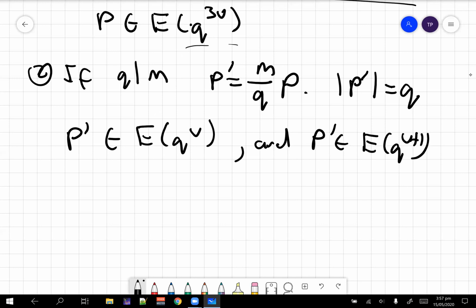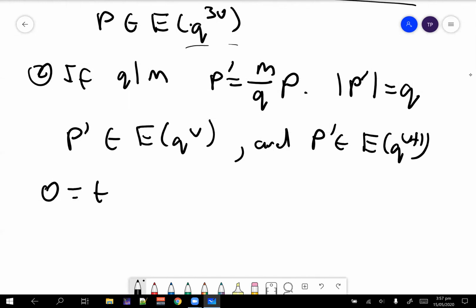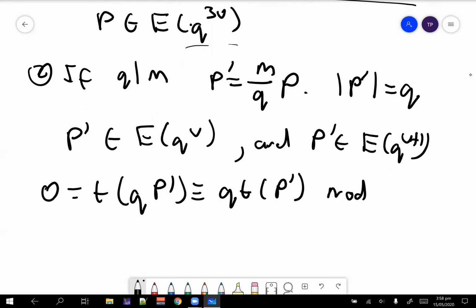And as before, this means that 0 is the thing here, T of Q P prime, which is congruent to Q T of P prime mod our thingy again.